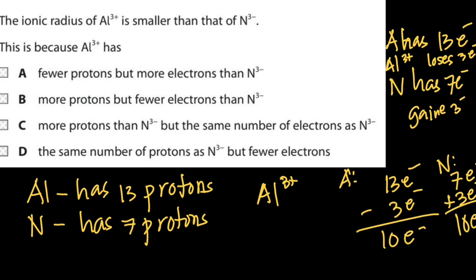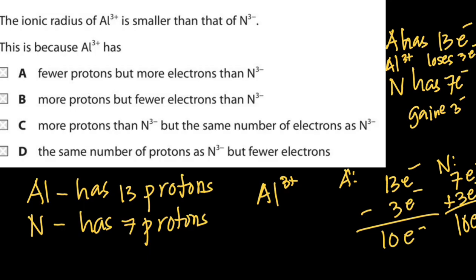So what is the effect of the charges of these ions? In the aluminum ion, the high positive charge pulls the electrons very tightly, so it shrinks the ionic radius, while in the nitride ion, the extra electrons increase electron-electron repulsion, expanding the ionic radius.